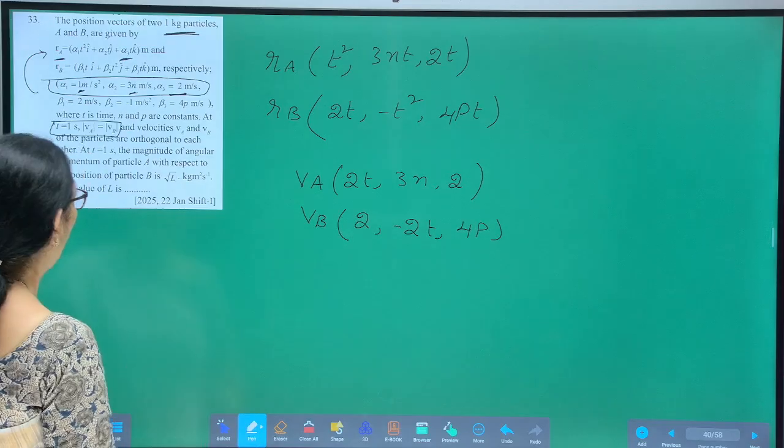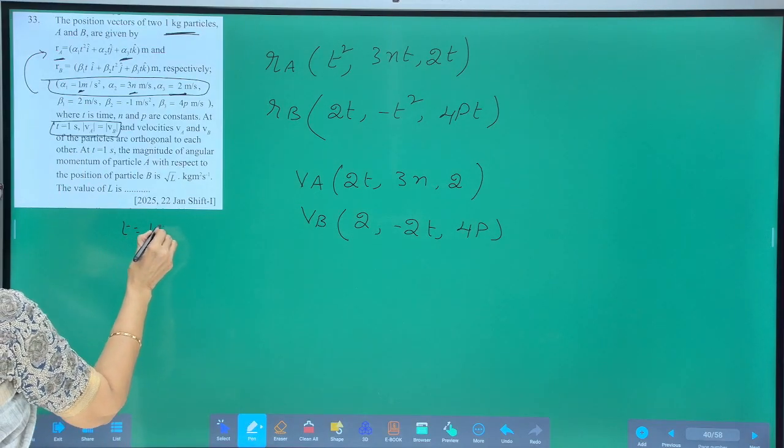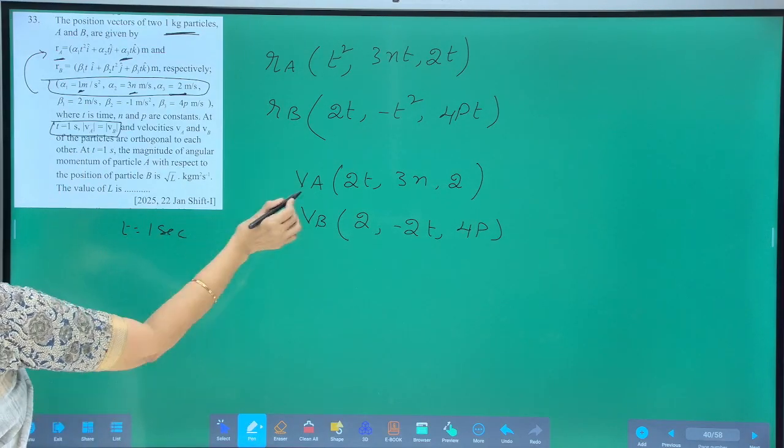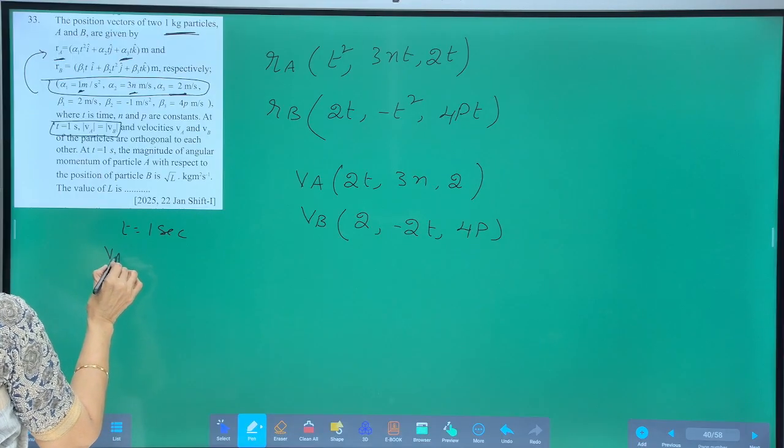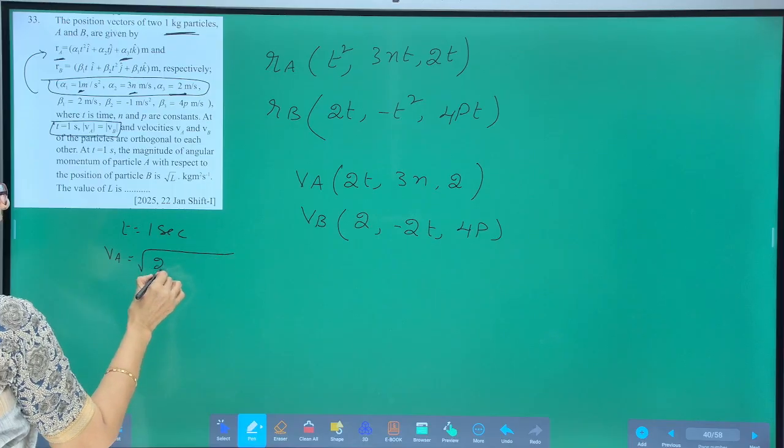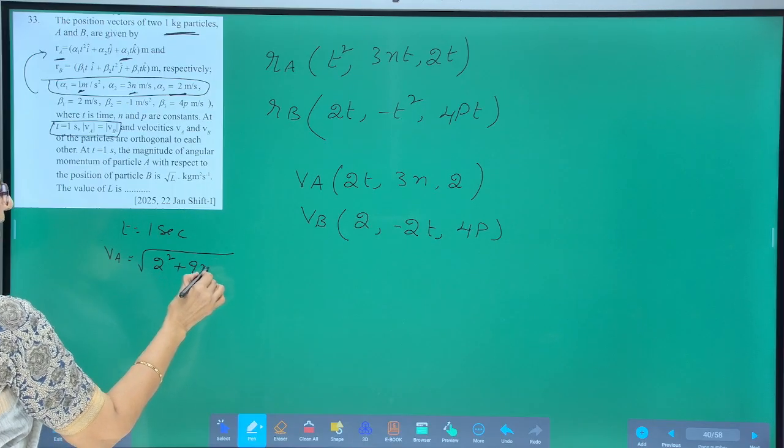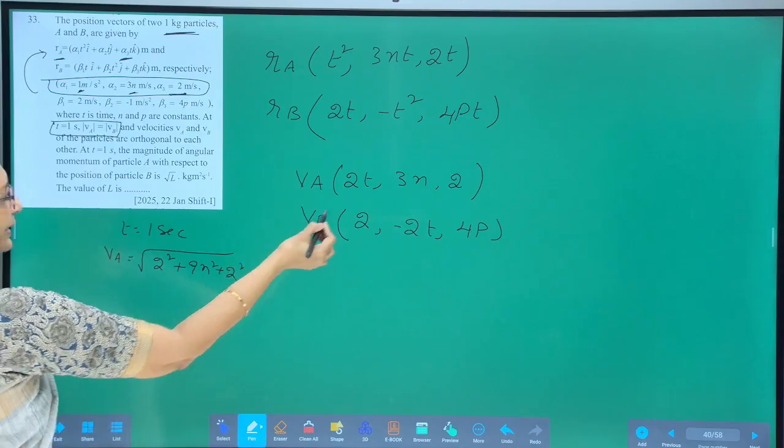It is mentioned in the problem that at t is equal to 1, magnitude of the velocities are same. At t is equal to 1 second, what is the magnitude of A? It is square root of 2 square plus 3n square plus 2 square.